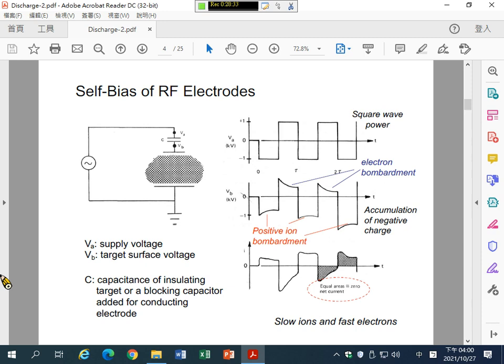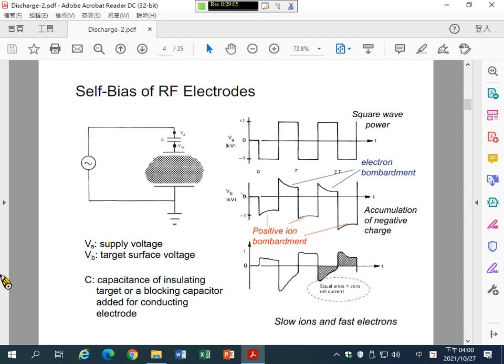If both electrodes are conducting, one needs to place a blocking capacitor in the circuit to generate capacitive discharge. But if you place a piece of insulator on the surface of the electrode, the insulator itself behaves like a capacitor, so that you don't need to install a blocking capacitor in your system.